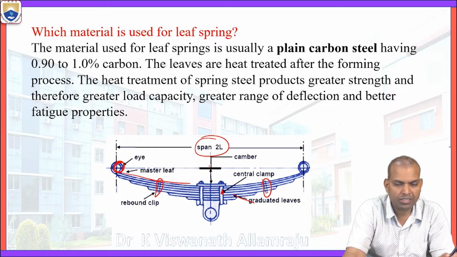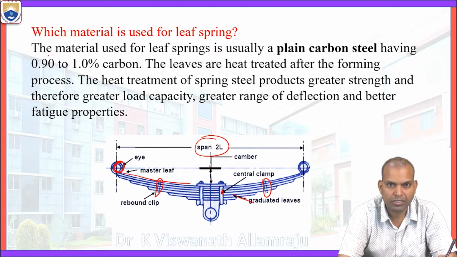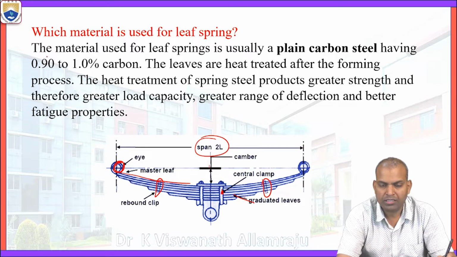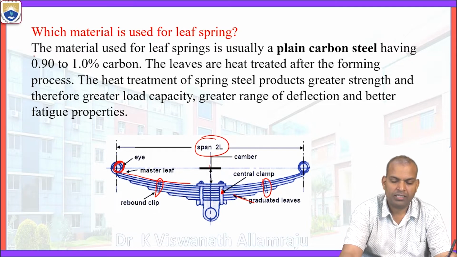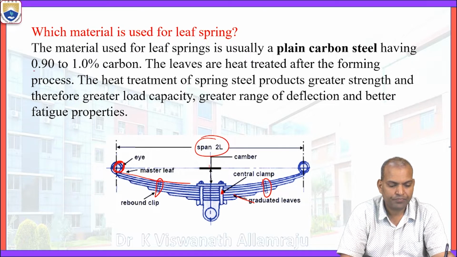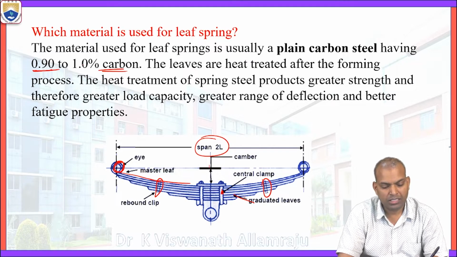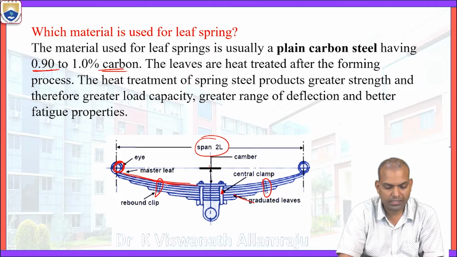Now, which material is used for leaf springs? The material used is plain carbon steel, having 0.9 to 1% carbon, and these leaves are heat treated after the forming process.